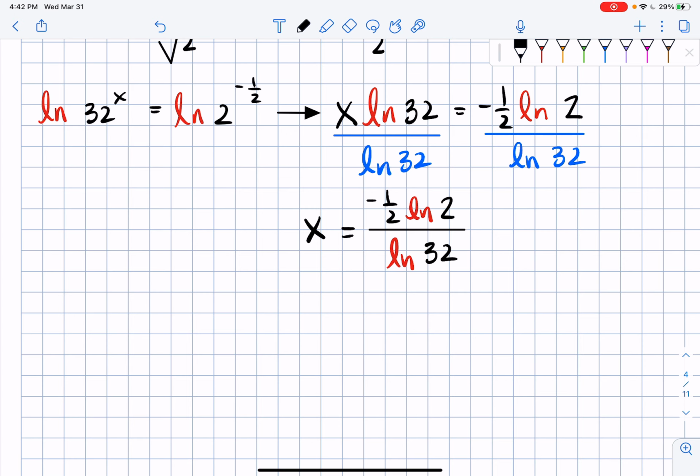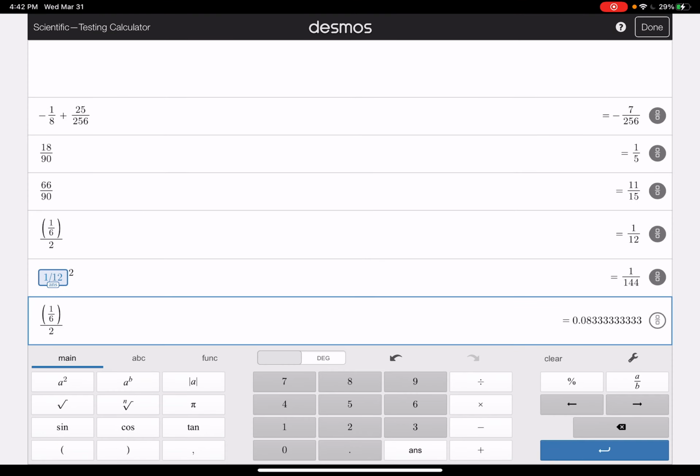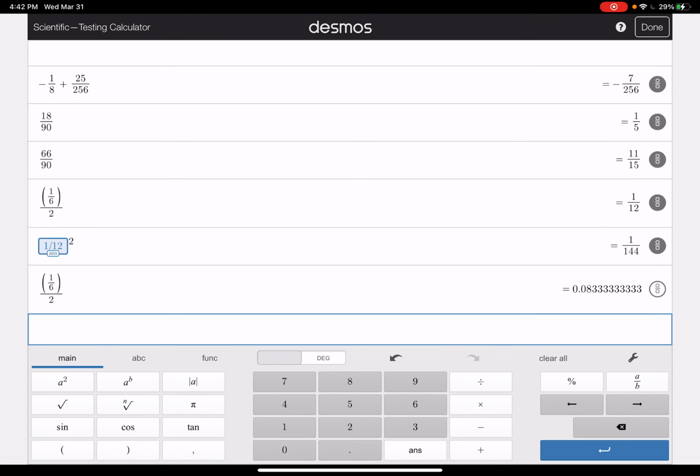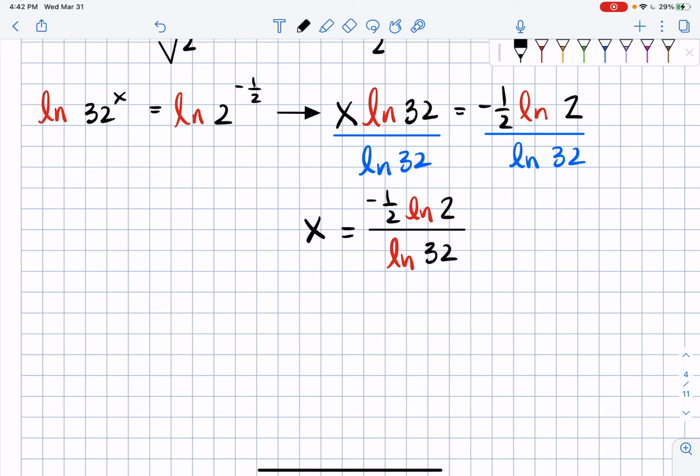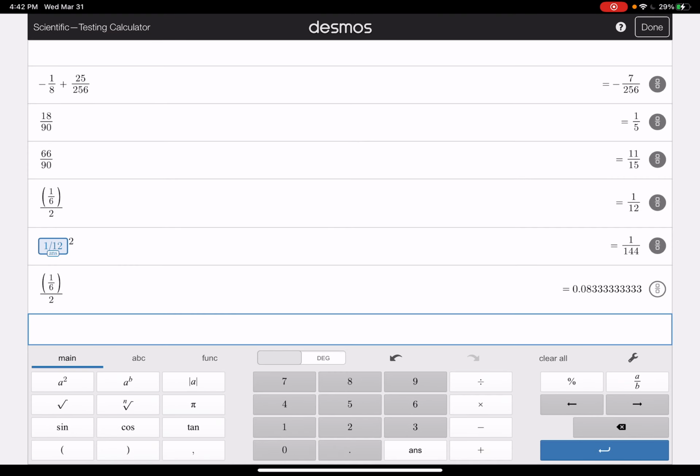Okay, if that was the case, let's see if I can actually do this on the calculator here, if I can remember everything. Negative 1/2 ln of 2 divided by ln of 32. Okay, here we go.